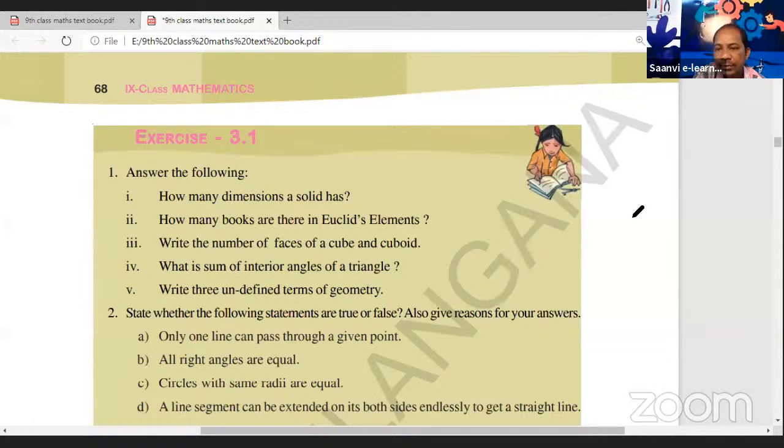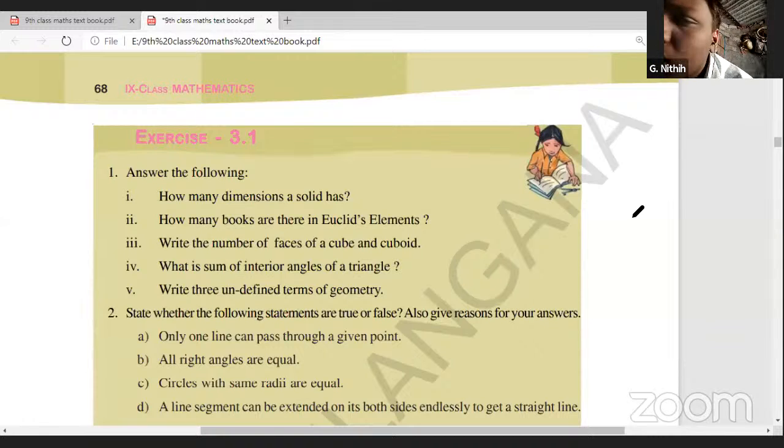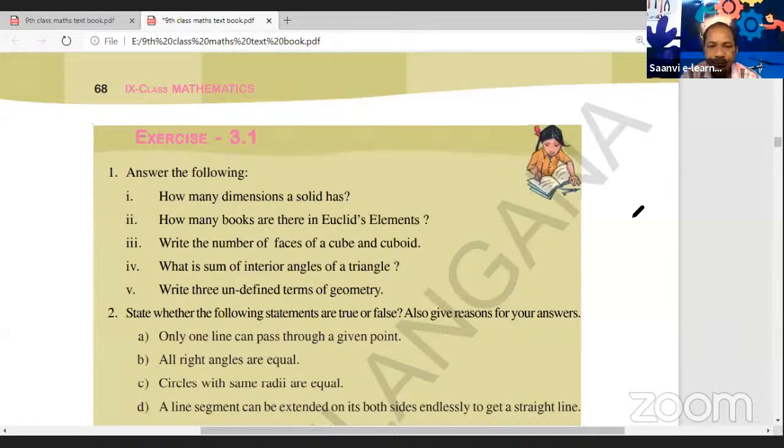Swami, can you say the answer? Yes, Swami, please unmute yourself. How many dimensions? Okay. Solid figure means cube, cuboid.